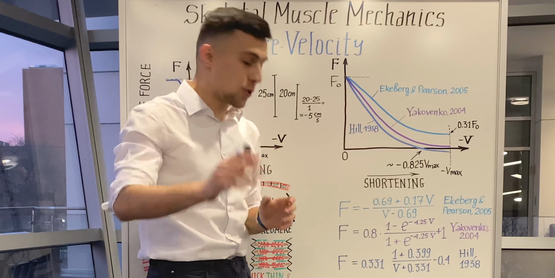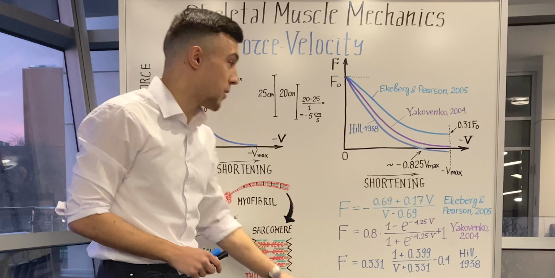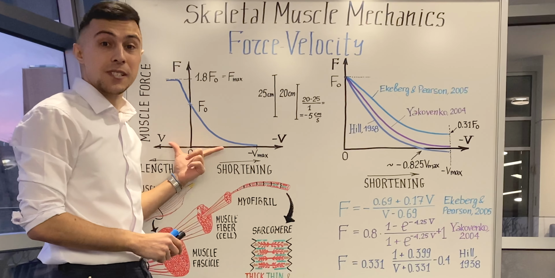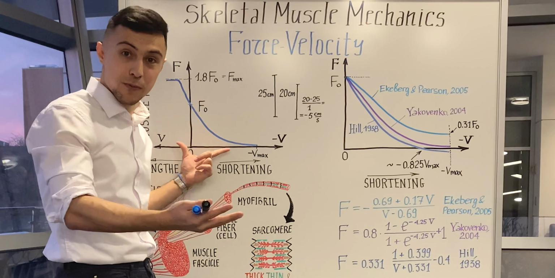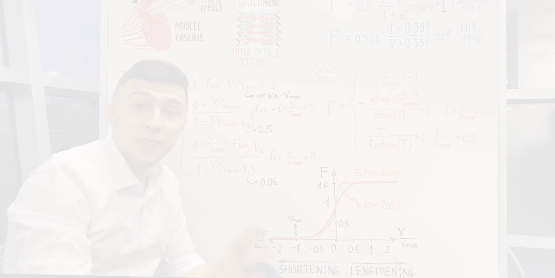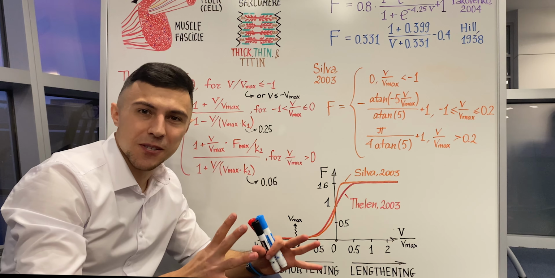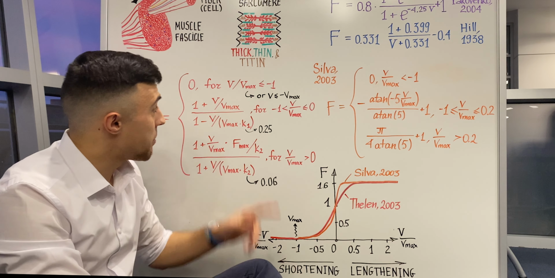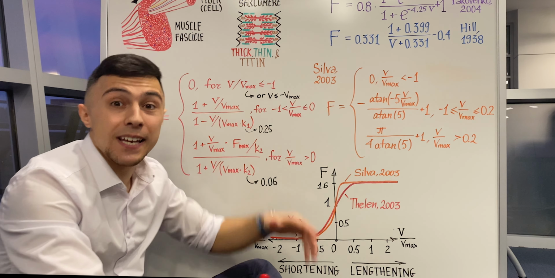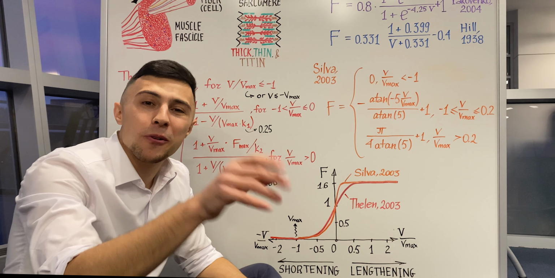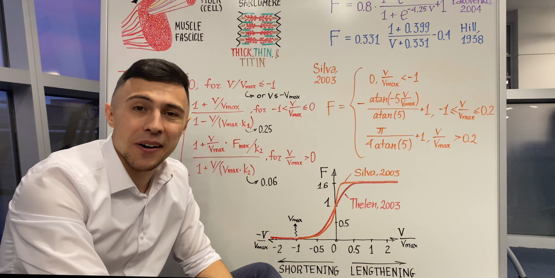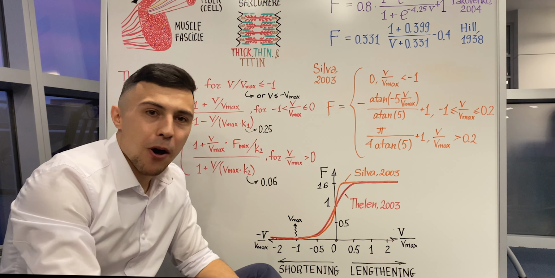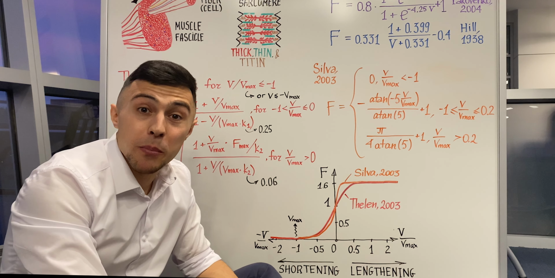So now let's talk about equations that describe the full force-velocity relationship if, for some reasons, you need to model that. The two papers that describe force-velocity relationship for both concentric and eccentric contraction were published by Thelen and Silva in 2003. You're already familiar with these papers from our previous lecture. So now let's talk about what each one of them proposed.